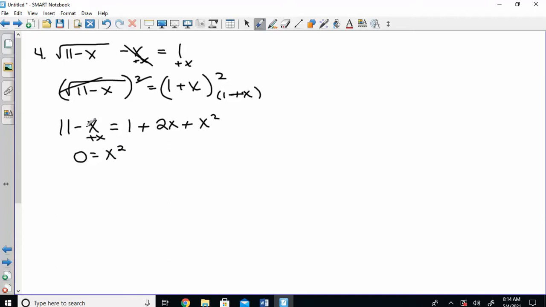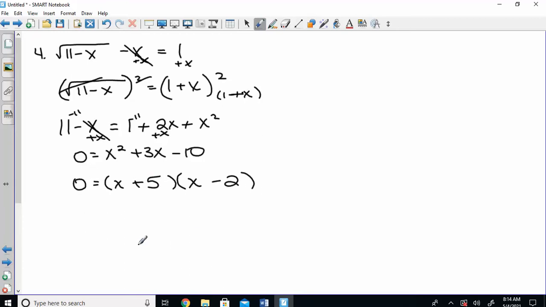So I have to add over my x, subtract my 11. Because it's a 1x squared, we can do the shortcut. So what multiplies to -10 and adds to +3? 5 and -2. Set each of those equal to 0, so x is a -5 and +2.